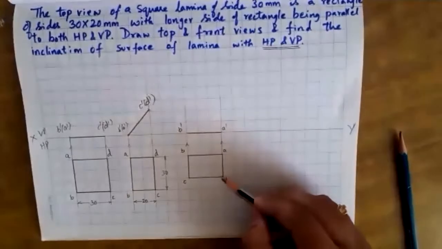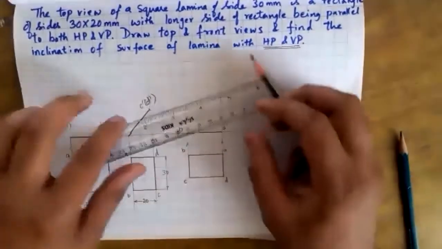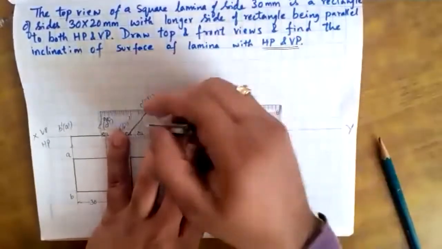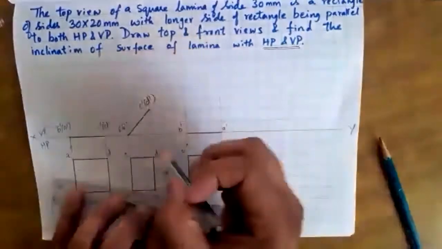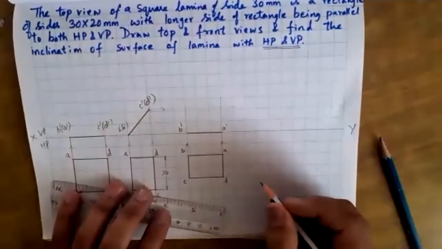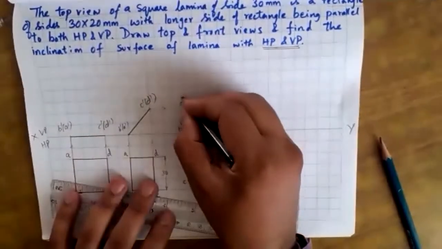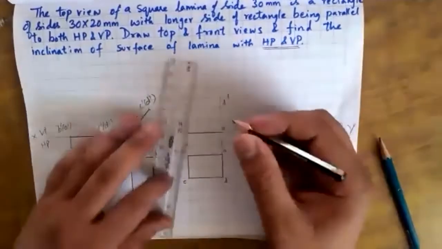D dash is meeting here when you draw the projector towards the right hand. From C dash, I'll draw a projector towards the right. This will be C dash, and this will be D dash.